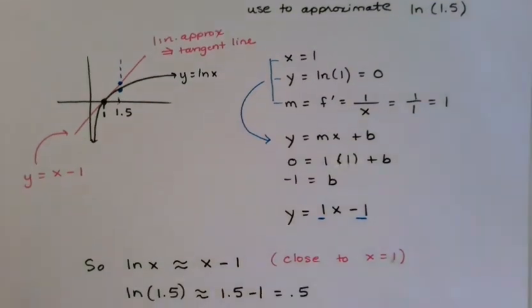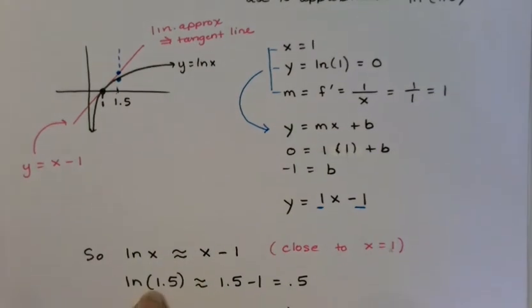If I plug 1.5 in, what I'd be saying is that the natural log of 1.5 can be approximated by 1.5 minus 1. And so I'm saying the natural log of 1.5 is about 0.5.